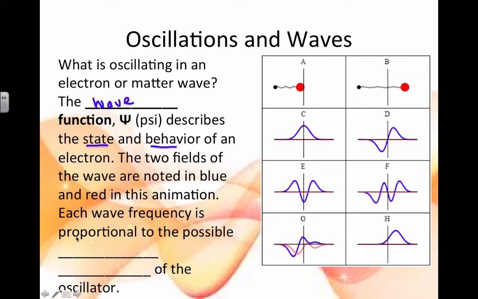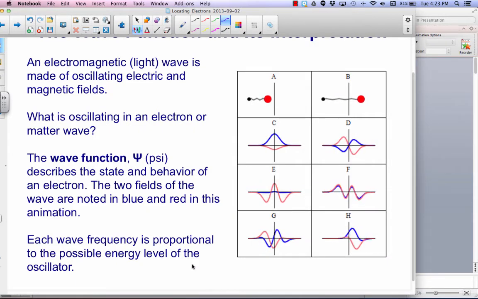Each wave frequency is proportional to the possible energy level of the oscillator. So let's watch these oscillate for a bit. A light wave is made up of oscillating electric and magnetic fields, but the wave function for an electron is described by the possible energy levels of the electron, or whatever particle of matter it is that we're looking at. And you can see in the animation the nodes and the antinodes that form as these particles oscillate.